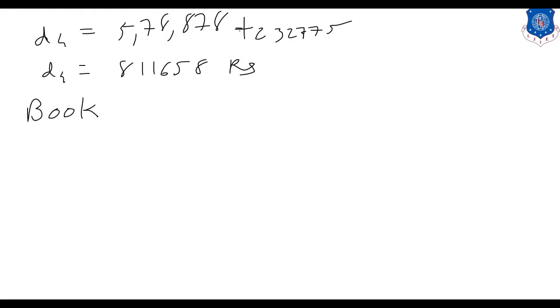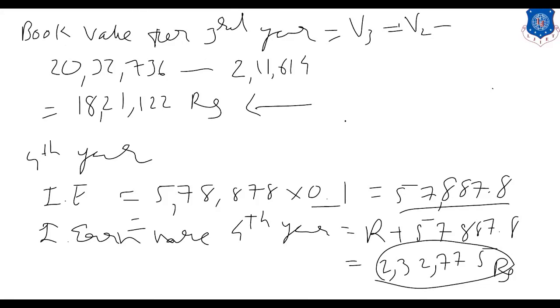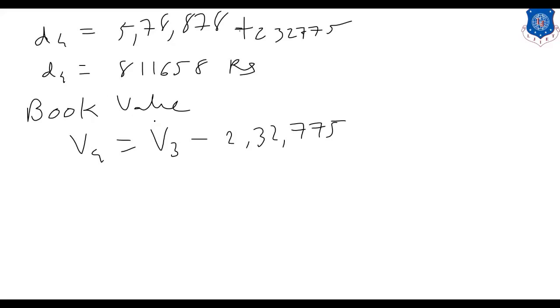Now let's find the book value. The book value for the fourth year, V4, is equal to V3 minus our depreciation value, which is 2,32,775. The book value at the third year is 18 lakhs 21,122.